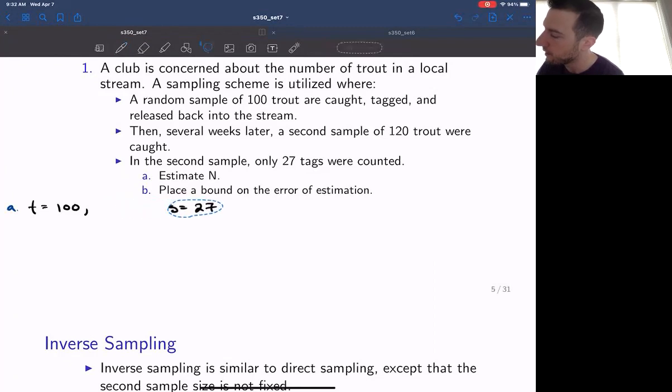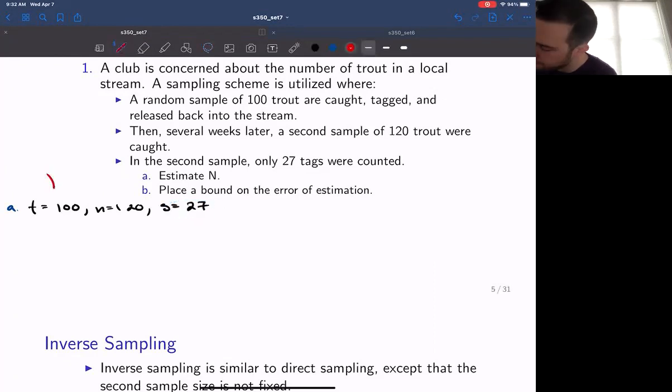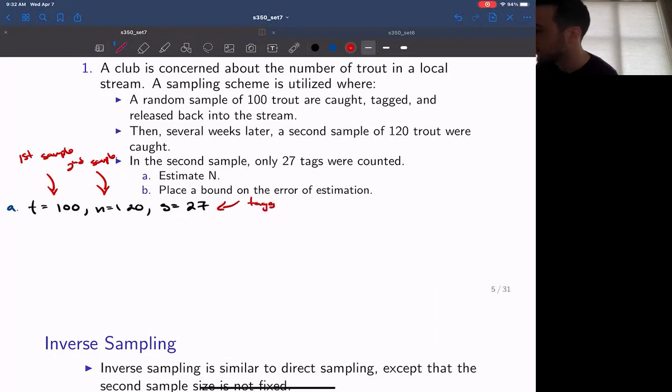And then we have little n, which is 120. So again, we have the first sample, then the second sample, and then the tags.